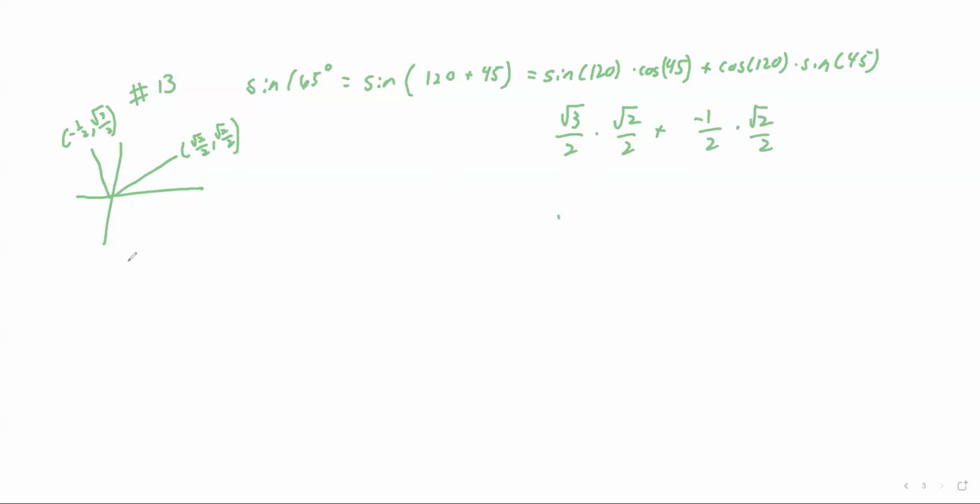So this gives us square root of 6 minus the square root of 2 over 4. And that's it. You'll kind of see a lot of these answers will look very similar because there's only so many ways we can multiply numbers.